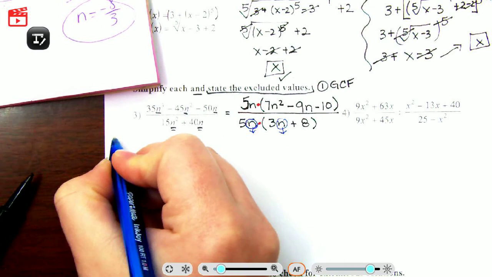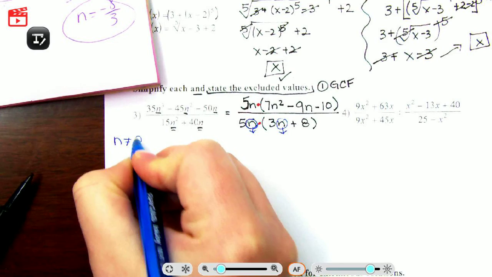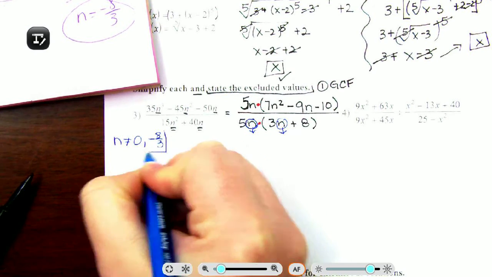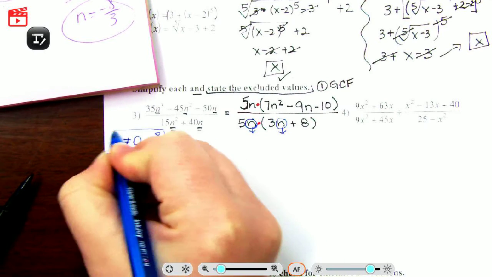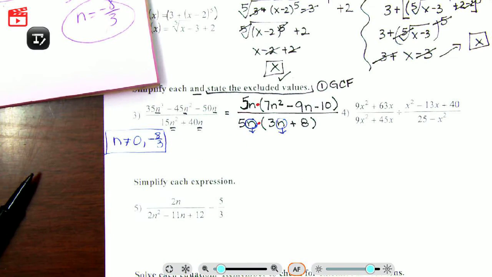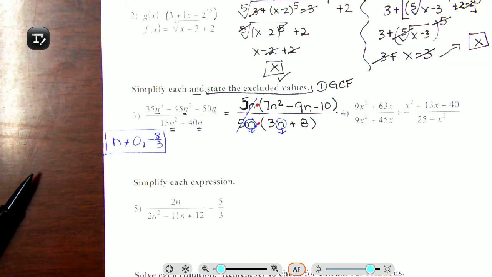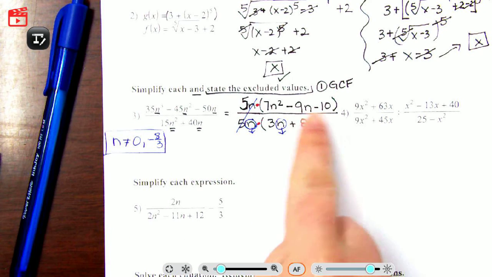So I'm just going to state here, n cannot be 0 and n cannot be negative 8/3. Now, I truly am not too picky about the order, if the negative comes first versus the 0 versus the positive. As long as you state them, I'm very happy about that. So once we've stated the excluded values, then I'm going to proceed to cross that out. They undo each other. And now we're left with these two things.